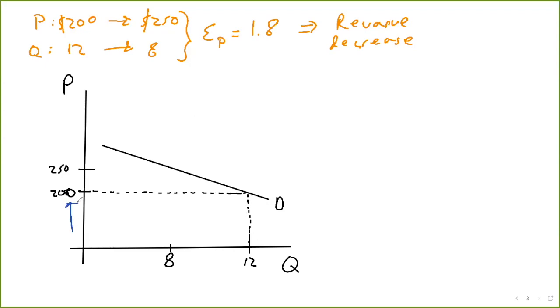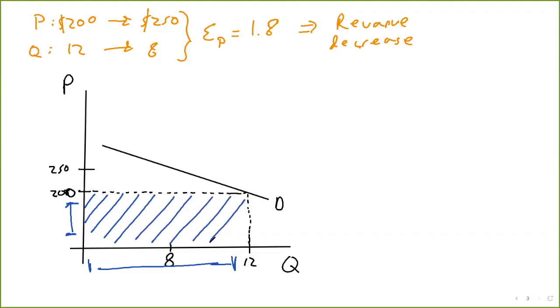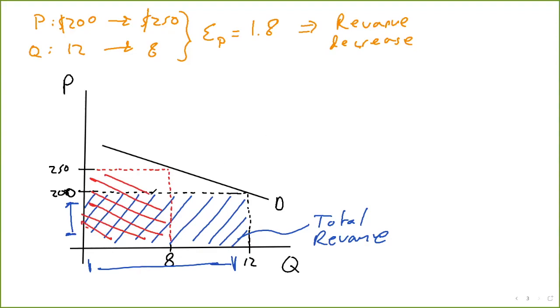So we have 200 here and 12 here. And so the revenue is actually represented graphically by the area of this rectangle here. And we can also show on the graph the total revenue when the price increases. So at 250, we sell 8 units. And so this area here is now total revenue.